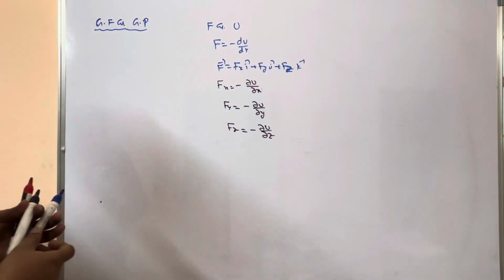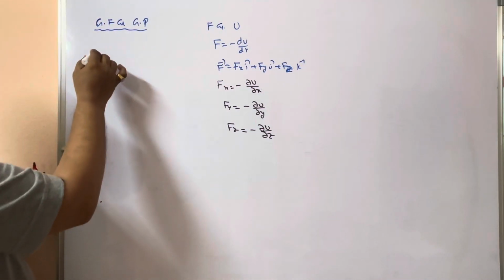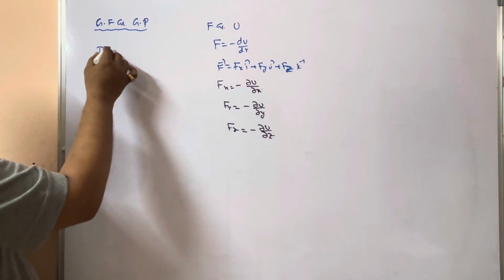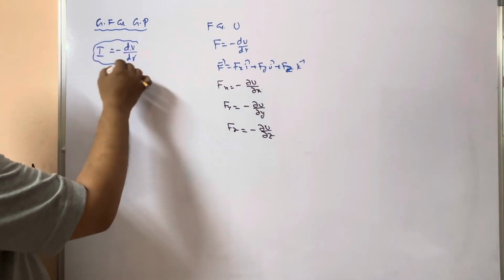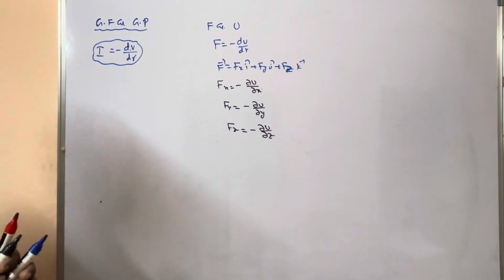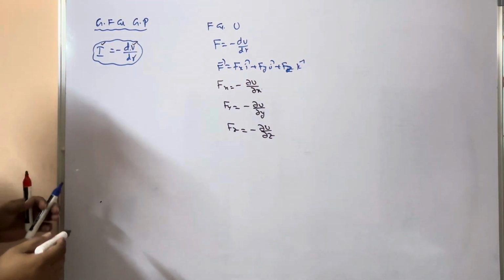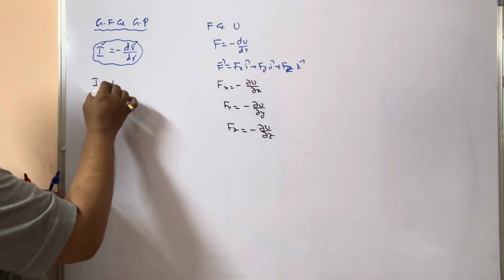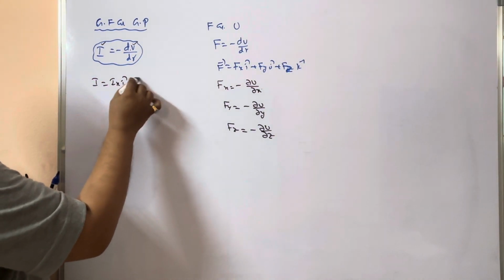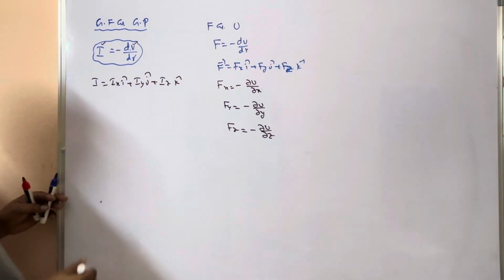Same like that, the gravitational field intensity I is equal to minus dV by dr. So this is the relation between potential and gravitational field intensity. For this they will write I is equal to Ix i cap plus Iy j cap plus Iz k cap.